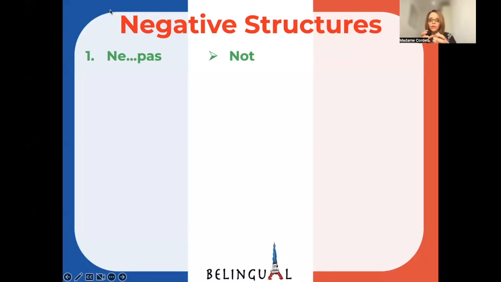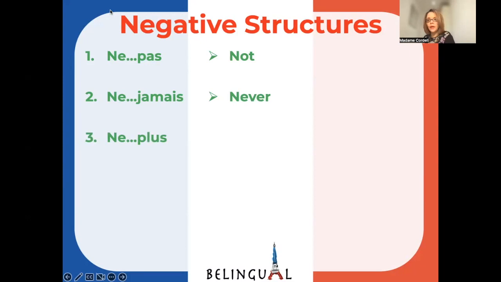So you need a subject or a personal pronoun, for example, je, then the ne, and then you would need the verb before you can add the pas afterwards, okay? So ne pas is the first one. Next is ne jamais, which means never.